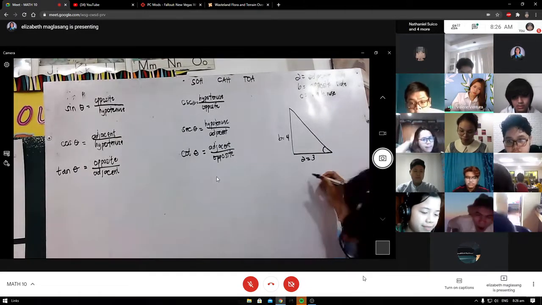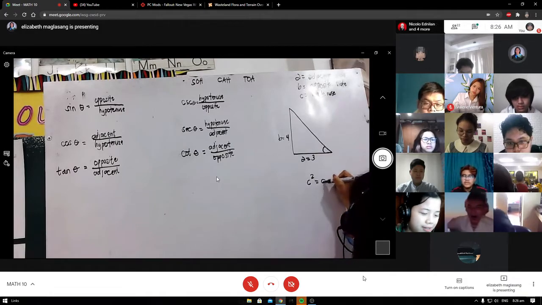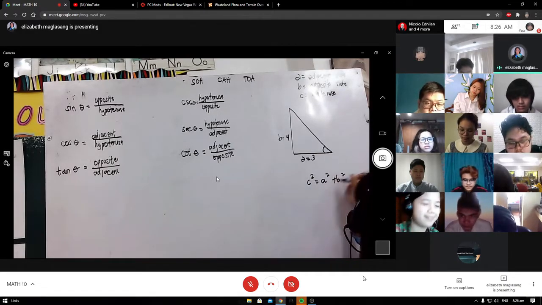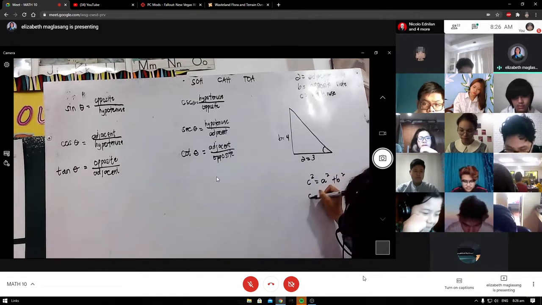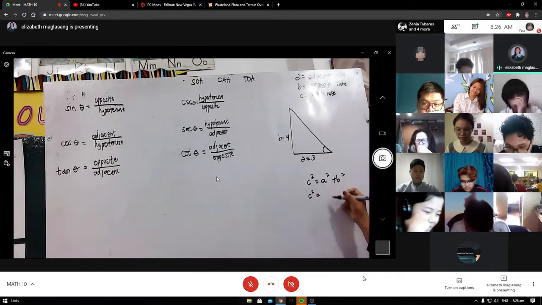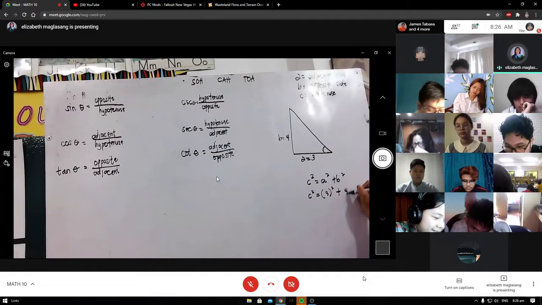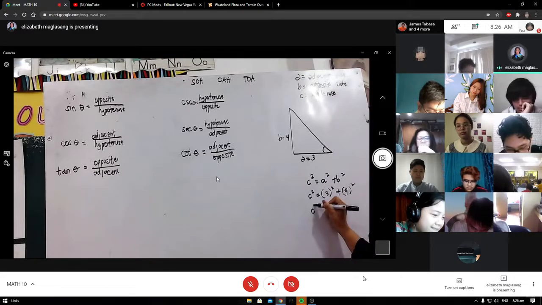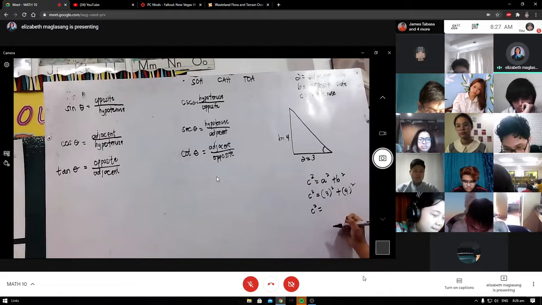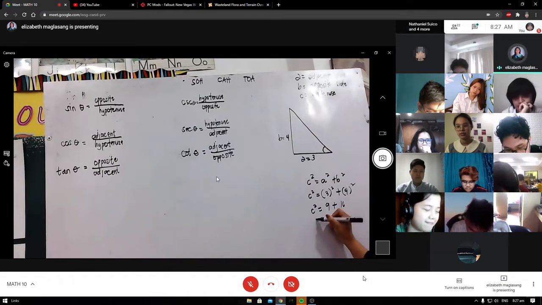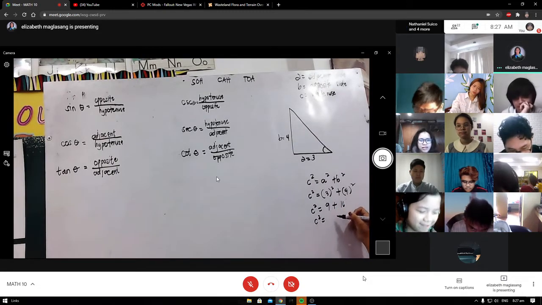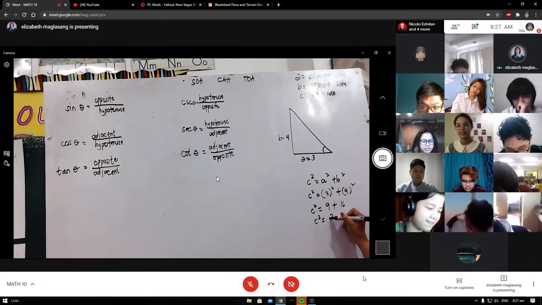What's the formula of the Pythagorean theorem? C squared equals A squared plus B squared. We're going to find the C, which is unknown. A is 3 and B is 4. So C squared equals 3 squared, 9, plus 4 squared, 16. 9 plus 16 is 25.